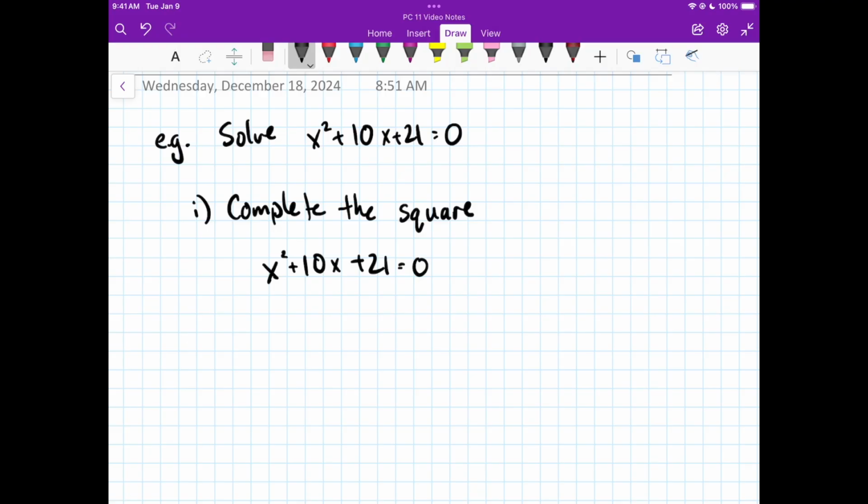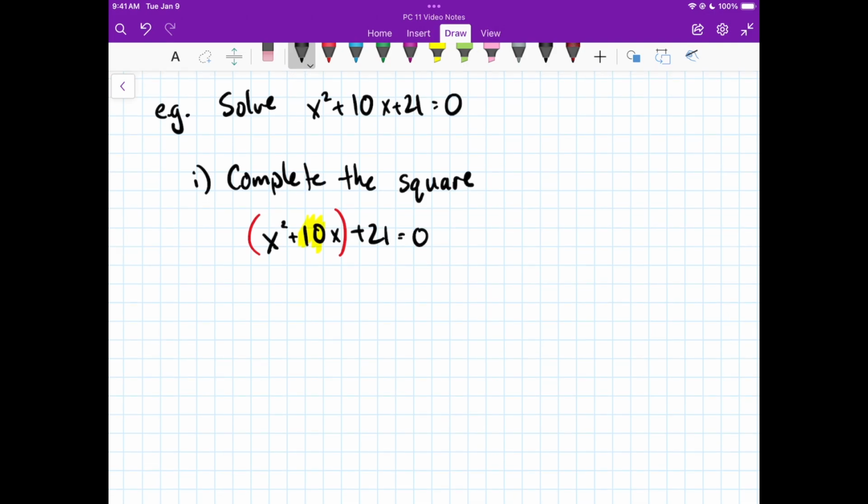So x squared plus 10x plus 21 equals 0. So remember, we've got to put brackets around the first two terms. We're going to take the 10, our coefficient on our x, and divide it by 2 to get 5, and we're going to square that to get 25. And then we're going to add and subtract 25 inside the brackets.